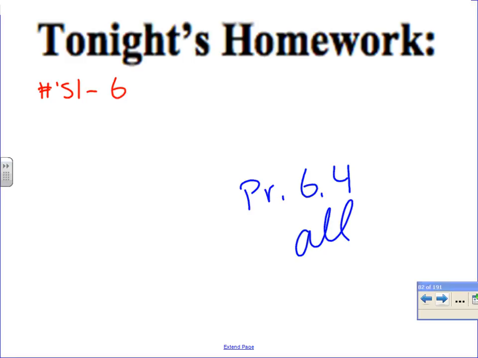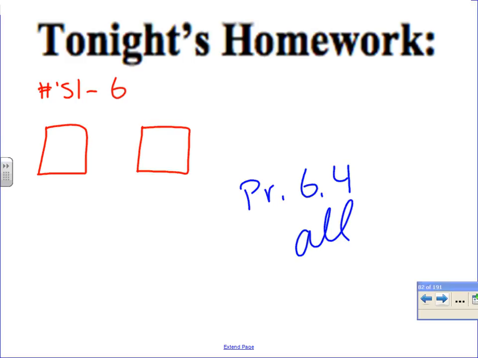Numbers 1 through 6, they do not draw the figures for you. Please draw and label them. So do you guys know what I mean by that? For 1 through 6, they give you the quadrilaterals that are similar, but they did not draw them for you. So you should be drawing 2 quadrilaterals and labeling them. I am not labeling them for you. I want you to practice labeling them on your own.